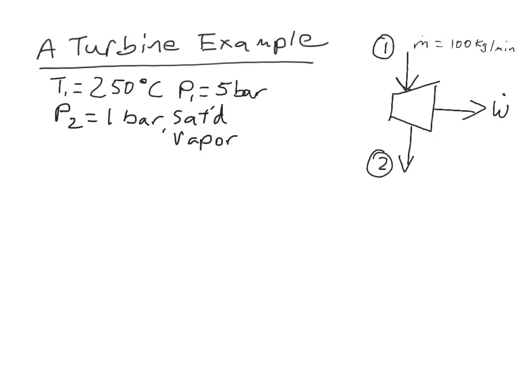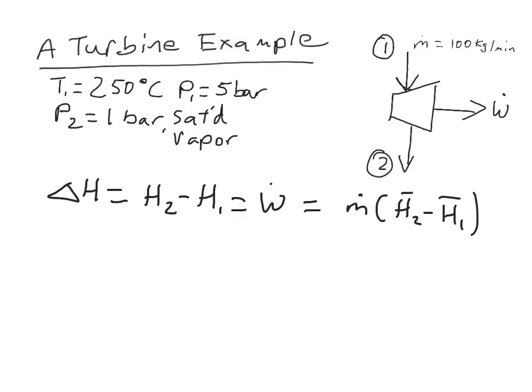Well, the first thing we need is an energy balance that relates work to the various properties of the materials coming in. Once we have that, we can go about solving for work. This is the equation we're going to use to solve for the work coming out of our turbine. It's simply delta H, the difference in enthalpy between the outlet stream and the inlet stream.